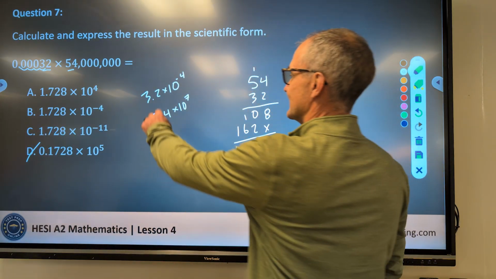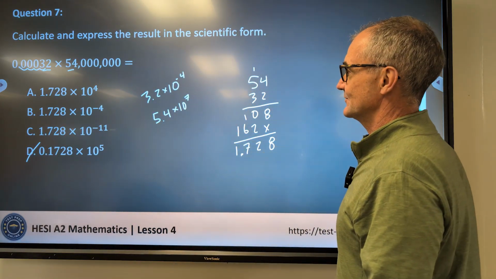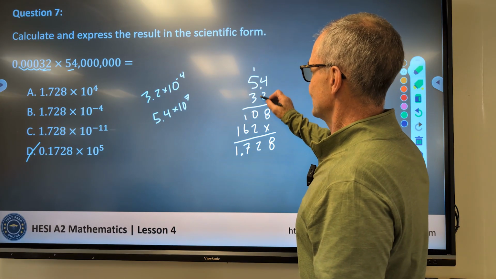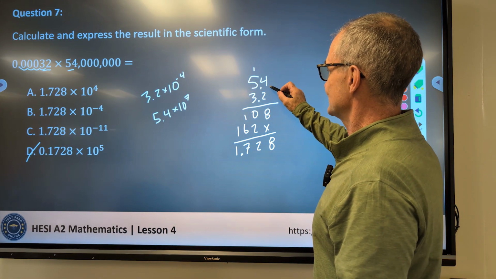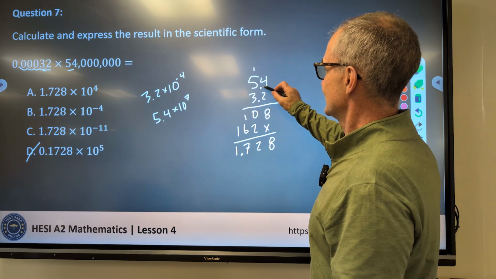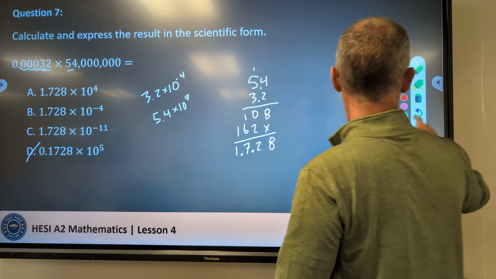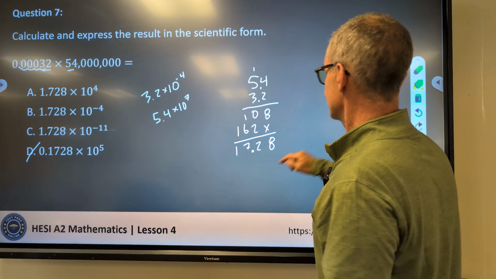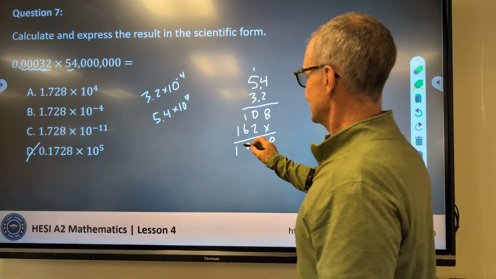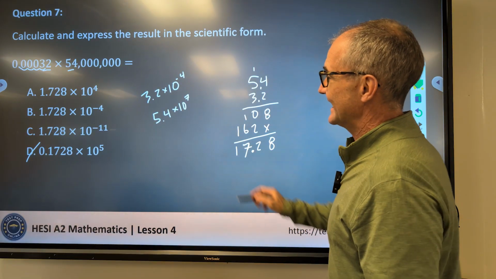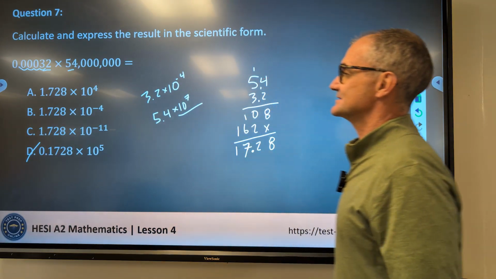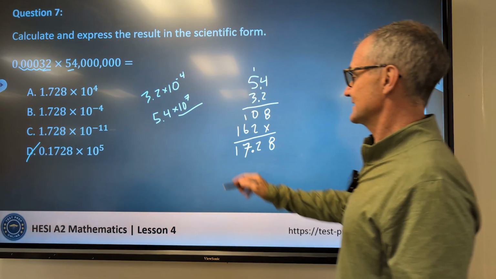We did 3.2 times 5.4, so let's do that. 5.4 times 3.2, the decimal place is over 1, 2, so it's 1728. Then I'm going to add these exponents together to get 10 to the third.